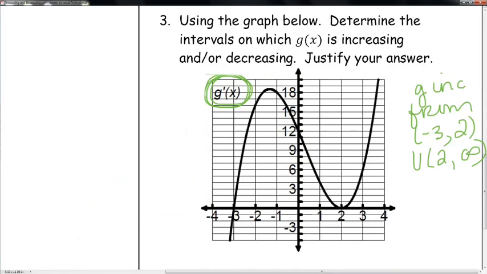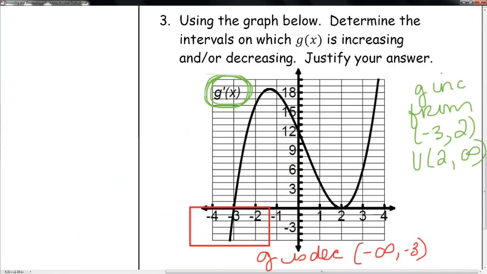Now let's do decreasing. That means g prime is negative. Well, it's negative down here. So g is decreasing from negative infinity to negative 3.